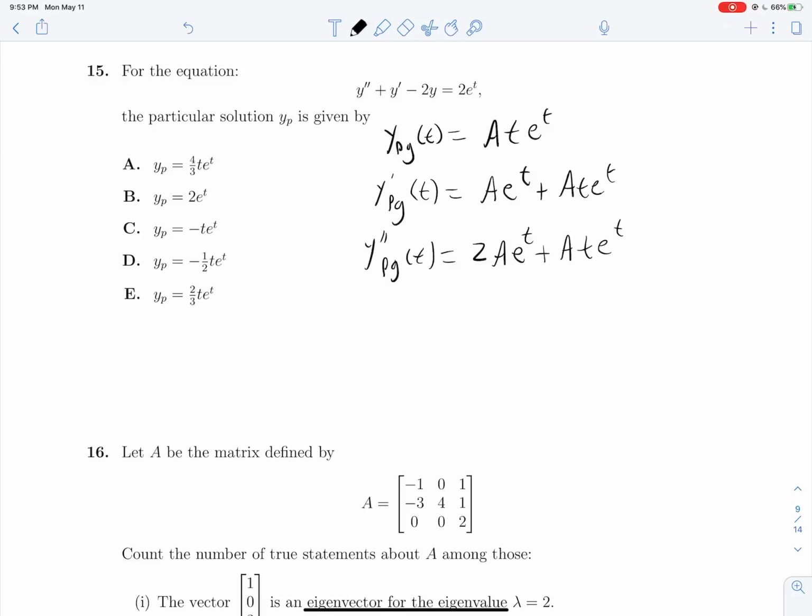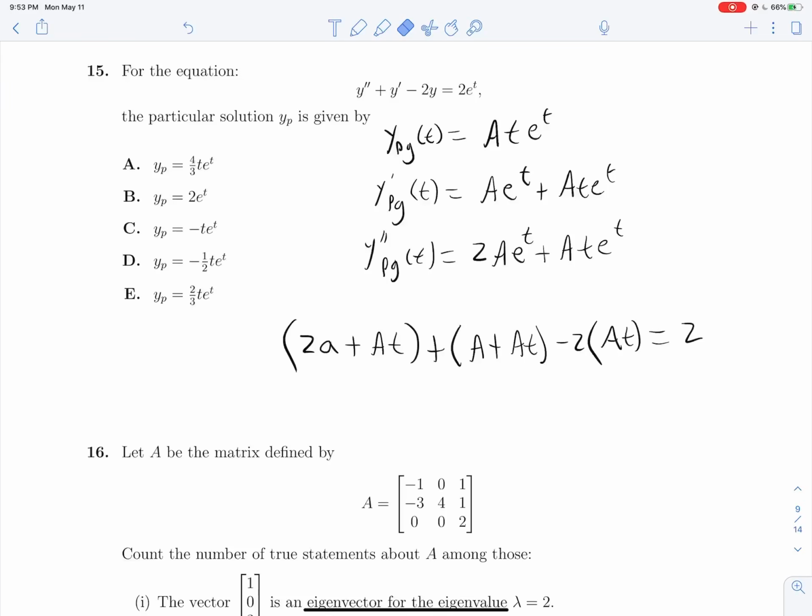But if you take a look, every single term has an e to the t in it. So I'll just remove all of those. We have 2a plus at, that's our y double prime, plus a plus at, that's our y prime, minus 2 multiplied by y, that's just at, and that's equal to 2, and I'm removing that e to the t.